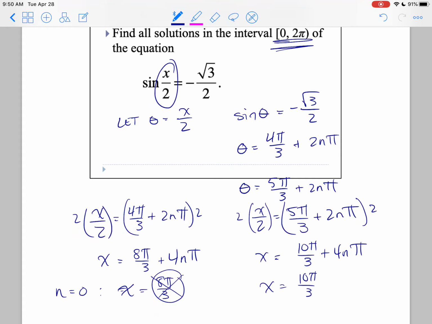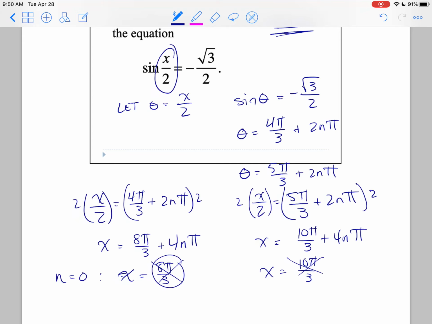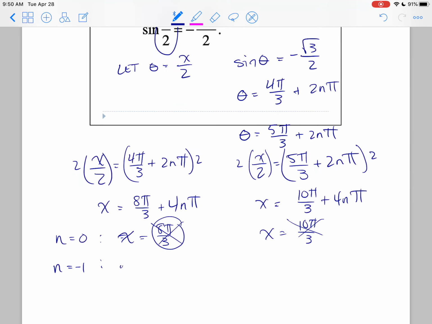So neither of these work. So let's try n equals negative 1. So x is going to equal 8 pi over 3 minus 4 pi, which is 12 pi over 3. So that gives me negative 4 pi over 3.